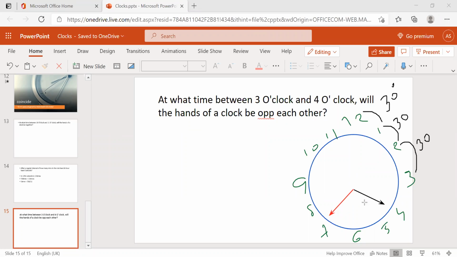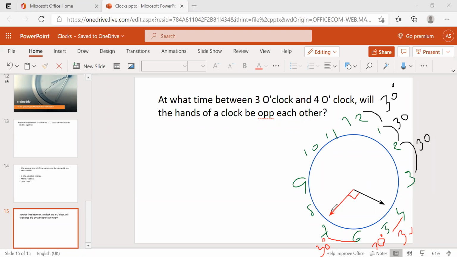Right? So if the hour hand shows 4, this is 30 degrees, and 5 to 6 is 30 degrees, and 6 to 7 will be 30 degrees. Right? Understand what I'm saying? So this will get 90 degrees. So the hour hand shows 4 and the minute hand shows exactly 7. Then the angle between these two is a right angle, of course.